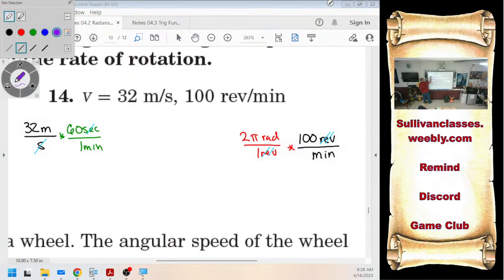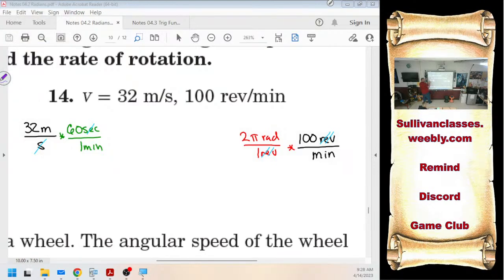So I've got my equation right here. What's 32 times 60? 1920. Yep. So I got 1920 meters is 200 pi radians.